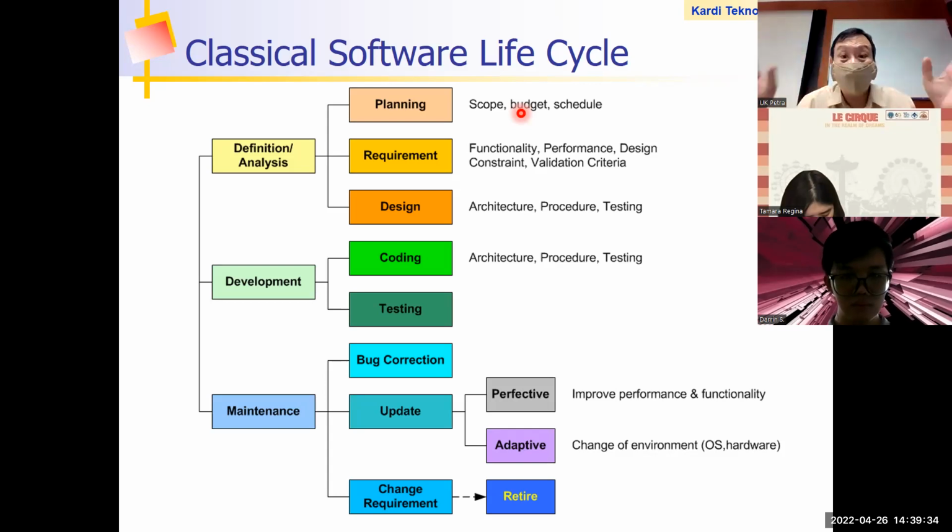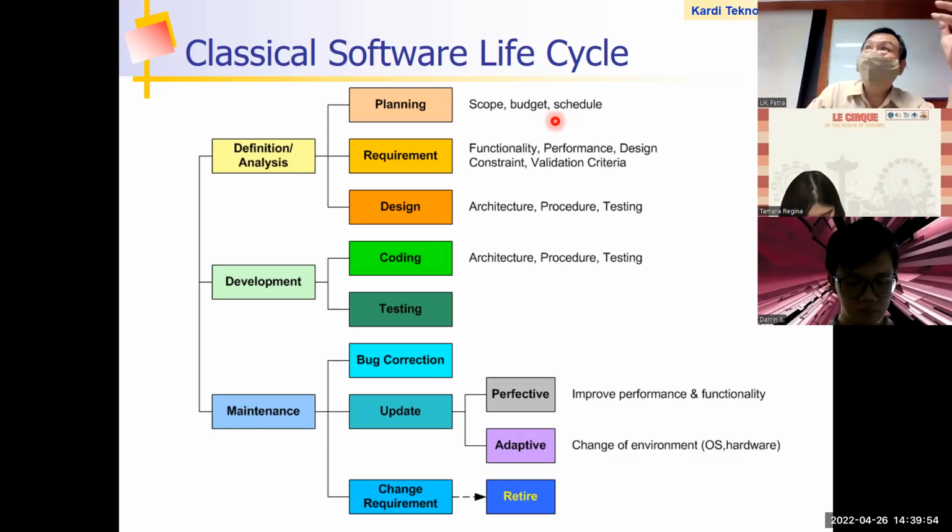That's a different scenario, but the software development life cycle is the same. You start with definition, then do development, and then maintenance. In the planning, you do scoping, then budgeting. Estimate roughly how much the budget is, and then of course you talk about the schedule.